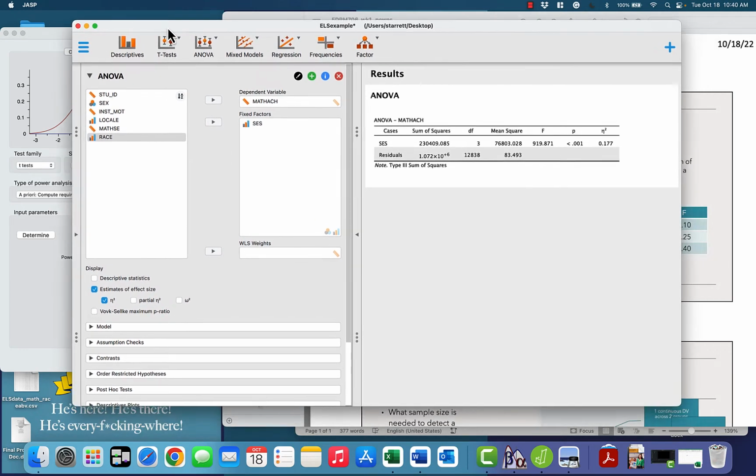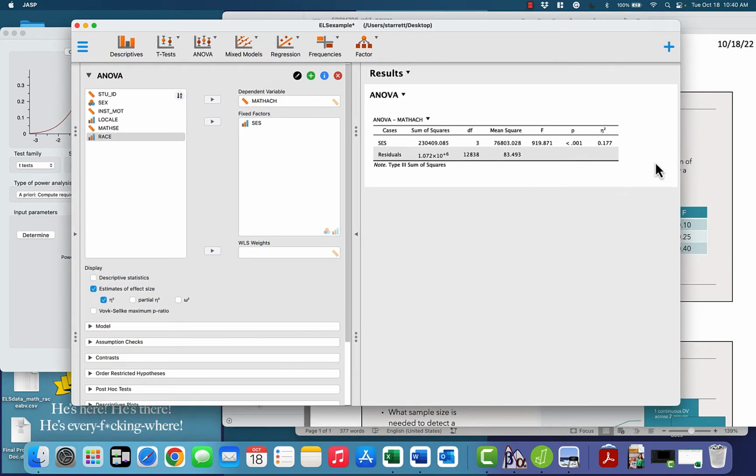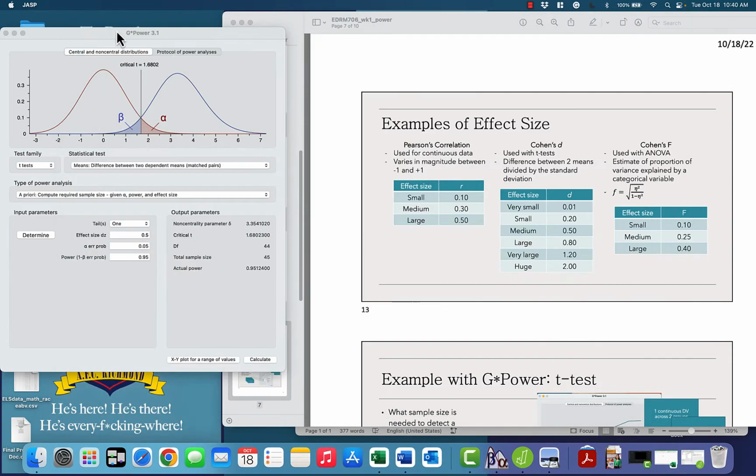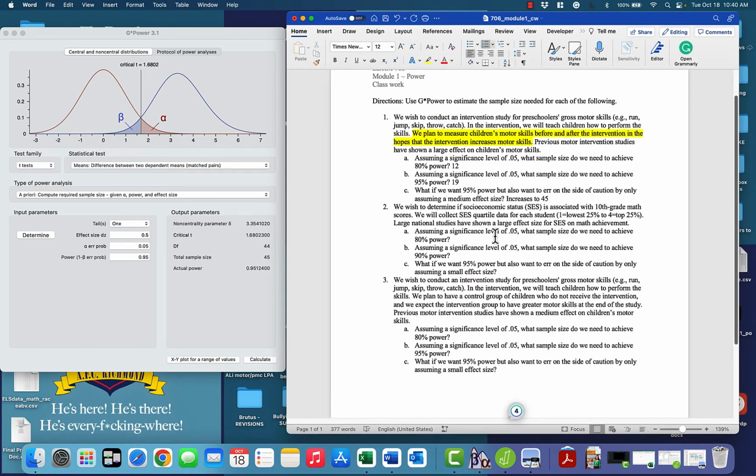Okay, so again, I just wanted to review eta squared just a little bit and how we can use eta squared to get to Cohen's f. Okay, so let's go back now to our problem 2, and we want to know if SES is associated with math scores.